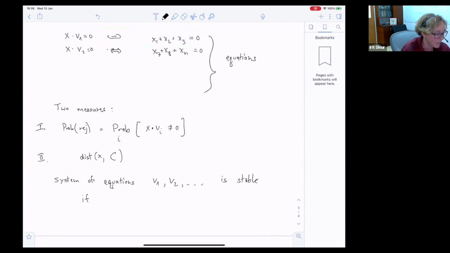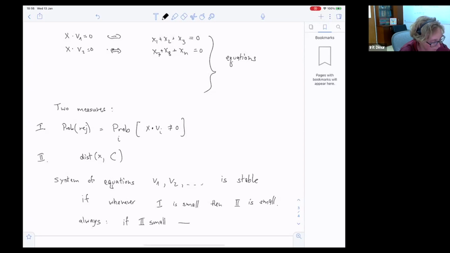If whenever one is small, then two is small. Now, by the way, why am I writing it this way? I'm writing only one direction: if one is small, then two is small. I claim that in this setup, it's always true that if two is small, then one is small.